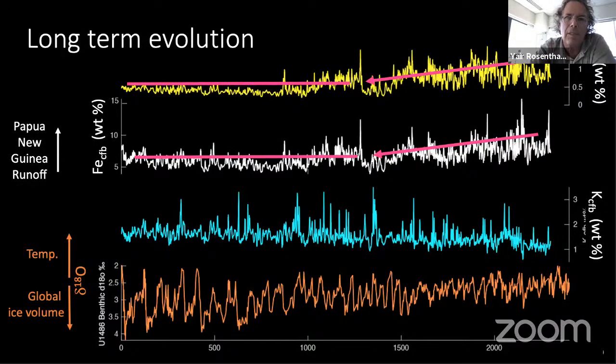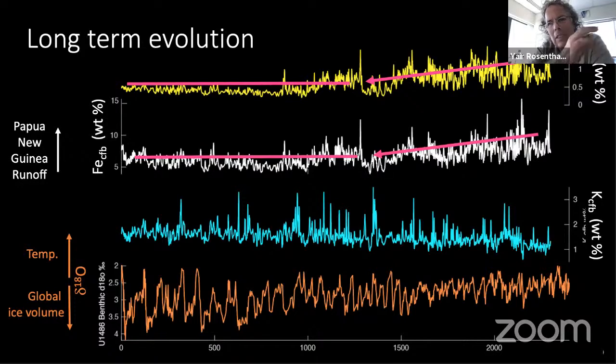And they express themselves very well at around 400,000 years, if I remember, at 1485, the core that is very close to the margin. But we don't see much of that in 1486.